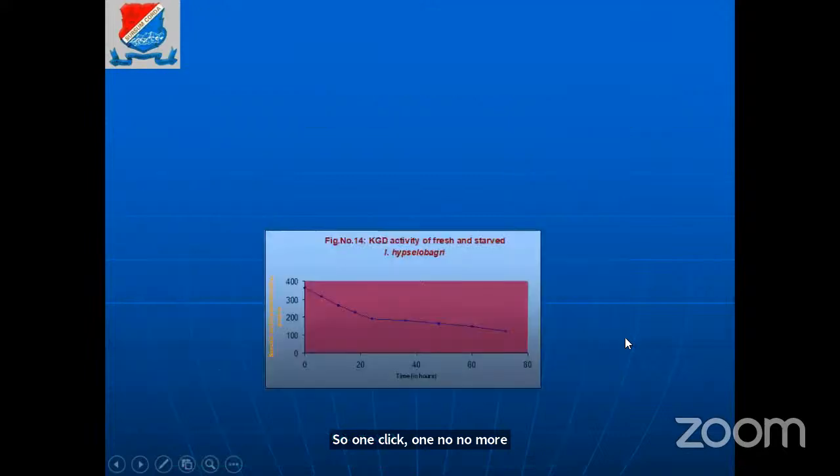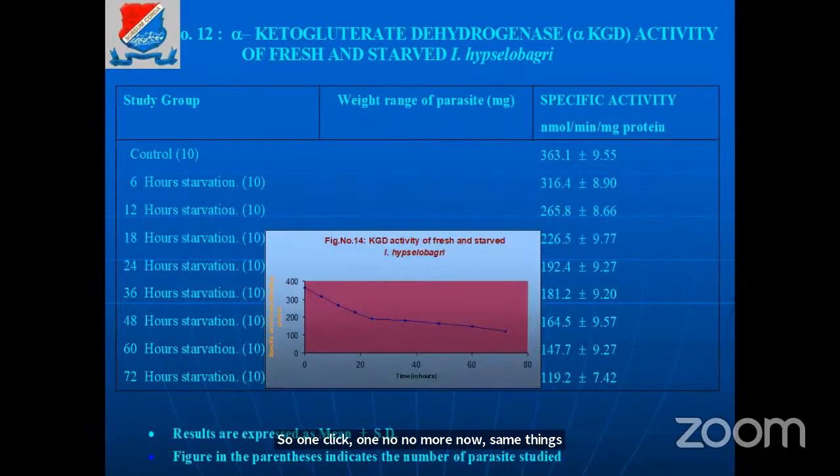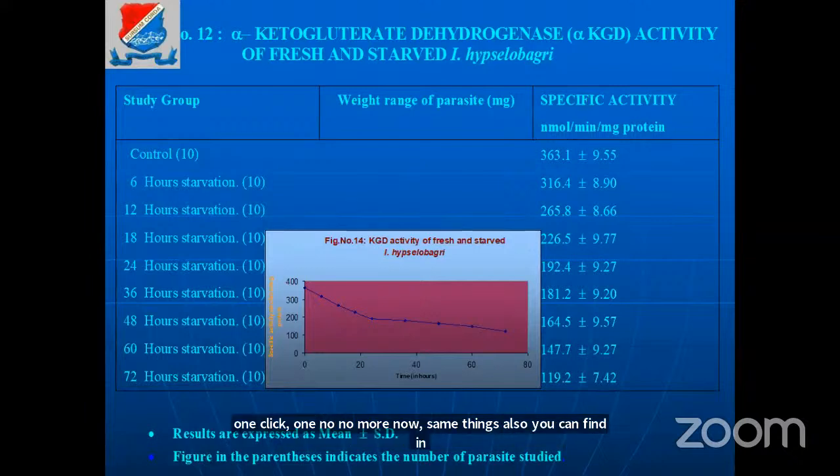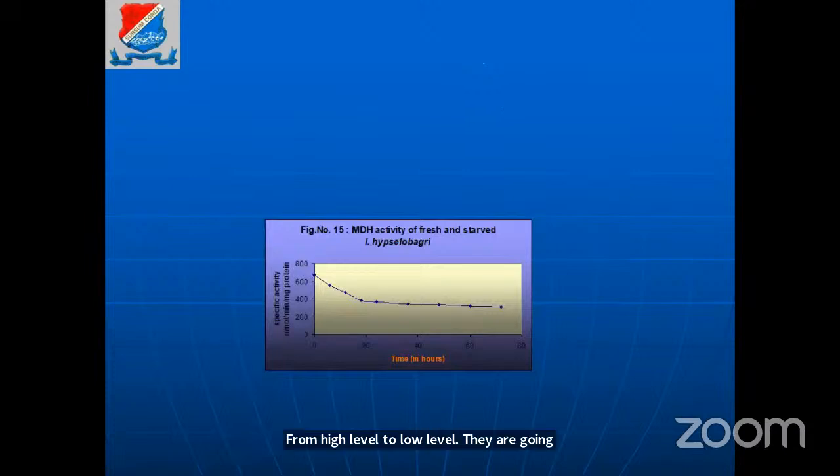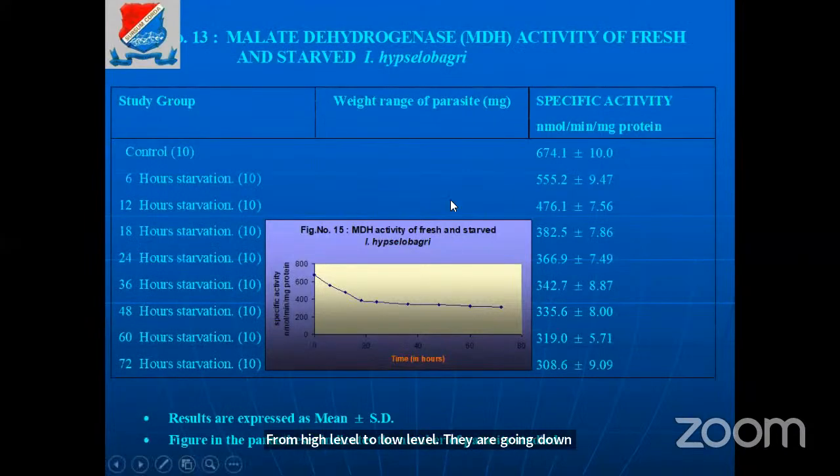The same thing you can find in alpha-ketoglutarate dehydrogenase activity, from a high level to a lower level. Then malate dehydrogenase activity, the same, from a high level to a low level. So the TCA cycle operates from acetyl CoA, which enters the mitochondria, through ICDase, alpha-ketoglutarate dehydrogenase, and malate dehydrogenase.